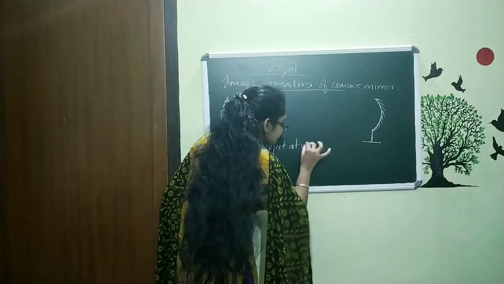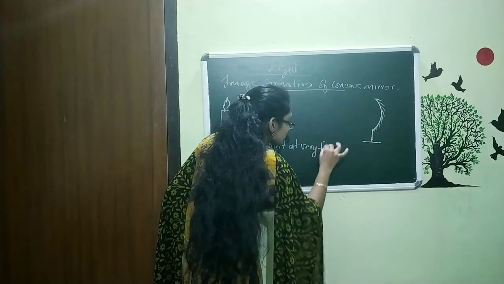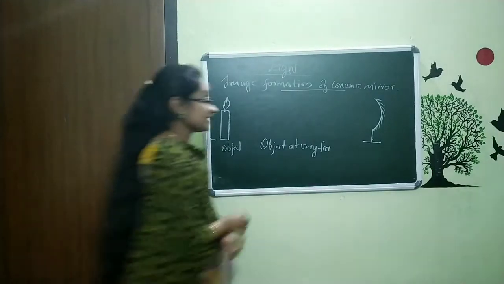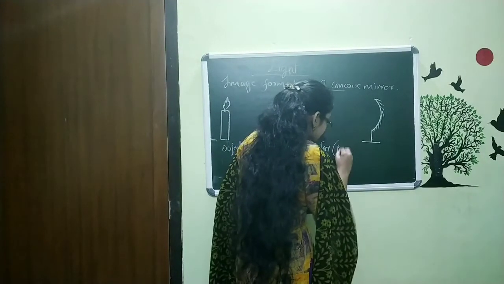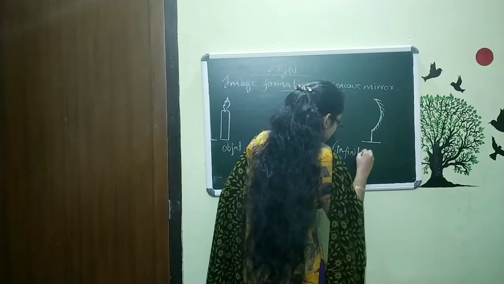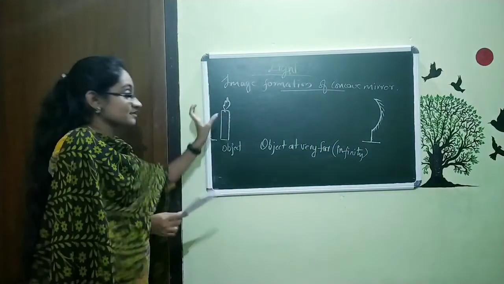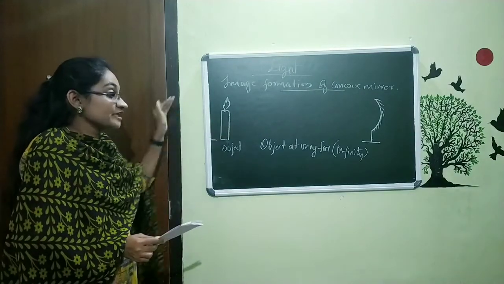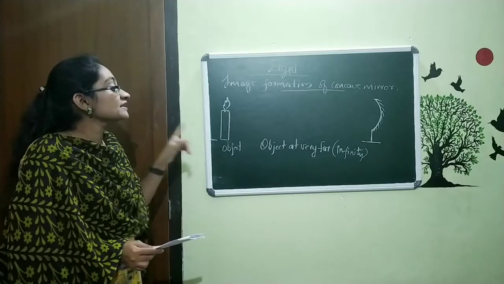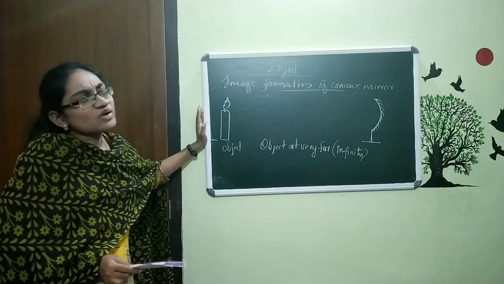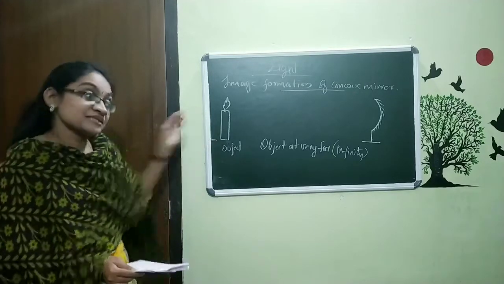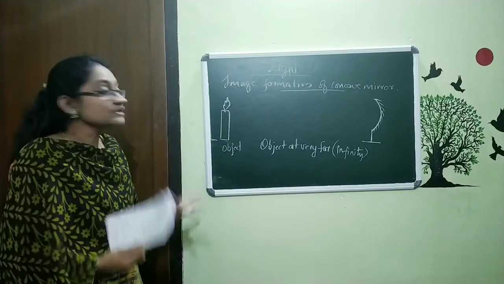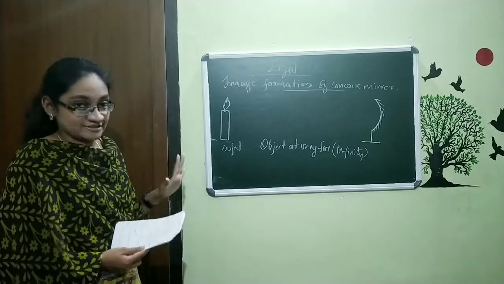Theoretically we can say the object is at infinity. This infinity means we are placing this object very far. Now the question is where we will get the image, and how this image will be: is it small, is it big, is it inverted, is it erect. All these questions are there. Now we want to study that.